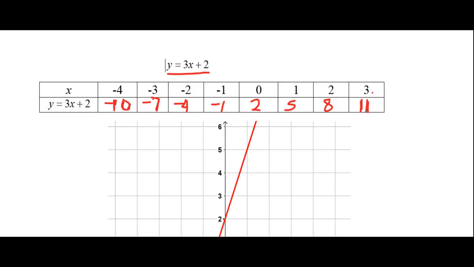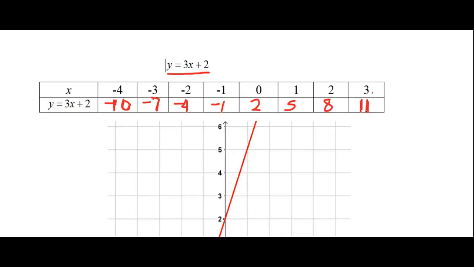So as x increases by 1 unit, y increases by 3 units. We say that the rate of change of y with respect to x is 3. Hope that makes sense to you.